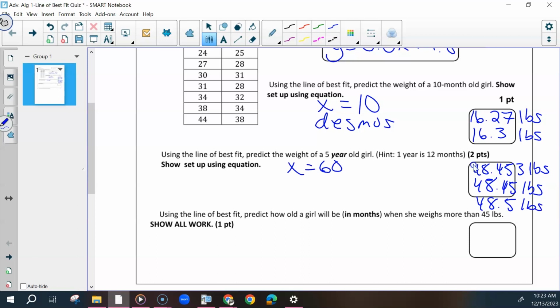If you got 45.8, you did the same thing as before. You put it into this equation with less decimals, so your answer was less accurate. So for the 2 points there, showing me somehow how you got to 60, and then your correct answer with your label. Questions on that one?